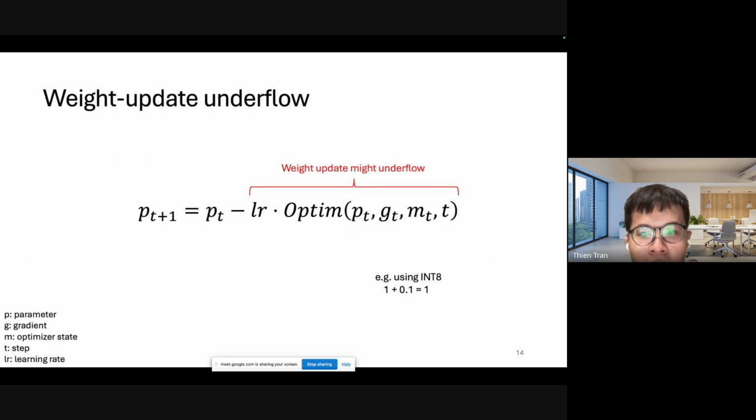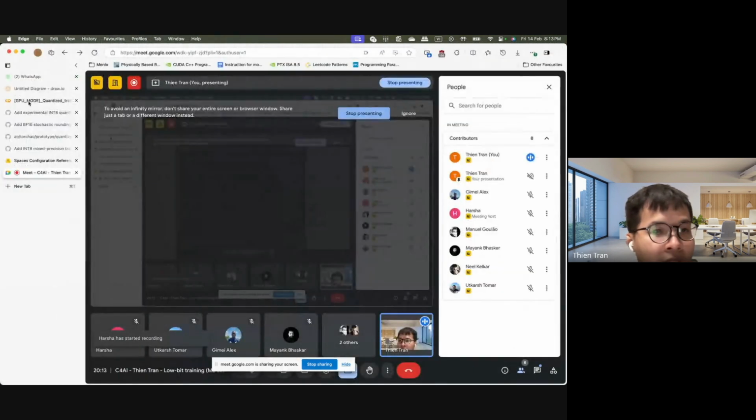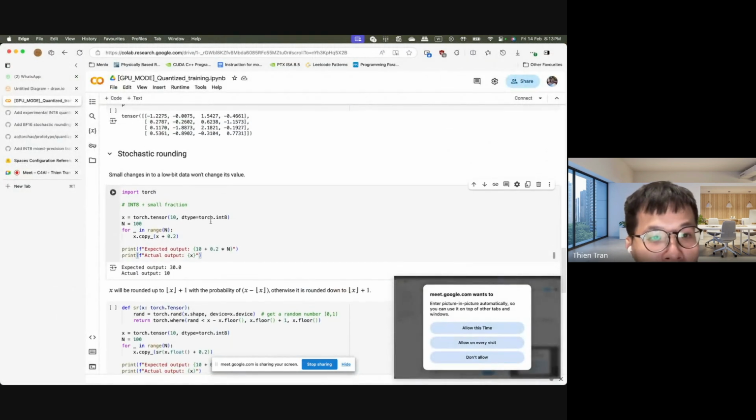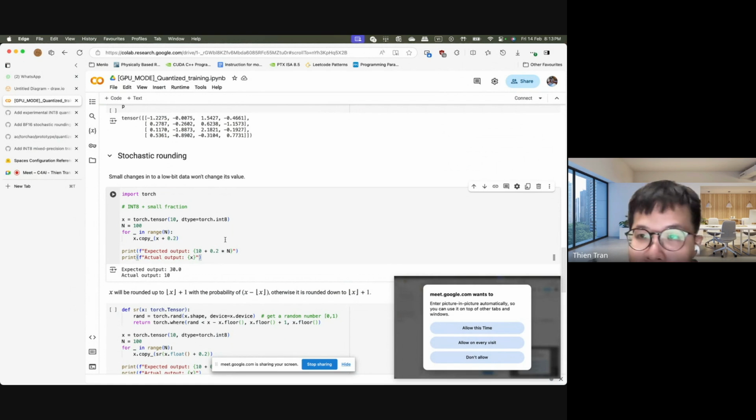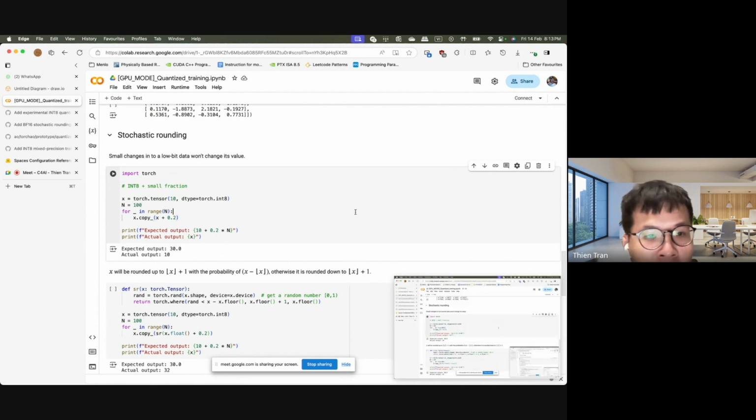Okay, maybe I switch to this. This is just to illustrate what I talked about just now. I made a small demo using PyTorch. Here we have a number 10, and I store that using int8.